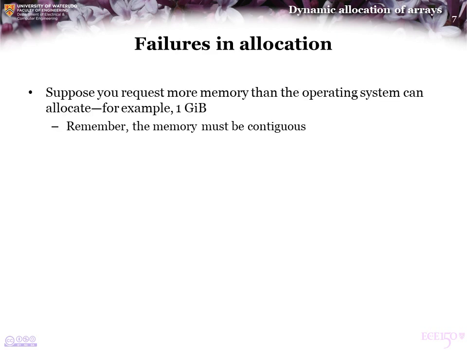Now, suppose you make a request to the operating system for an absolutely huge amount of memory. For example, 1 gigabyte. Remember, the operating system must find a contiguous space of available memory, and it may simply not be able to find that much memory in a single block.